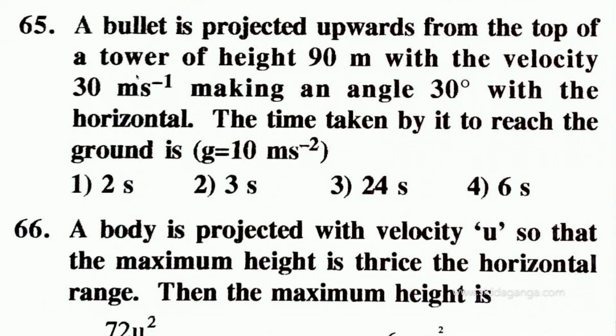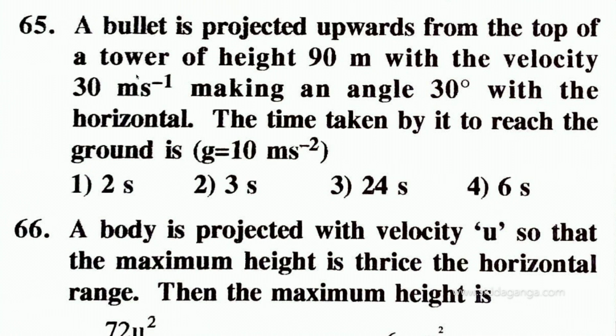The 65th problem, just read what they have given and what you are supposed to find out. A bullet is projected upward from the top of a tower of height 90 meters with a velocity of 30 meter per second, making an angle 30 with the horizontal. The time taken by it to reach the ground is?